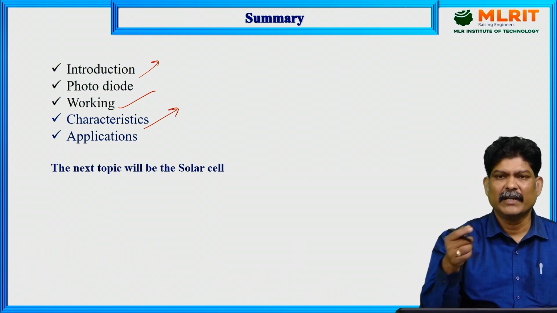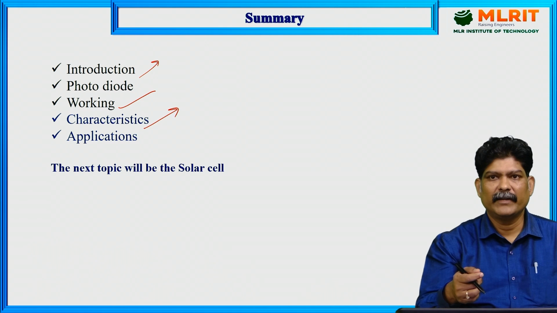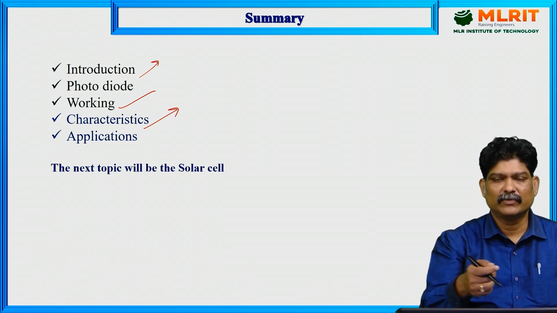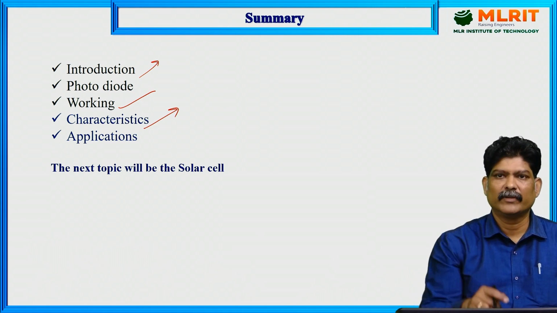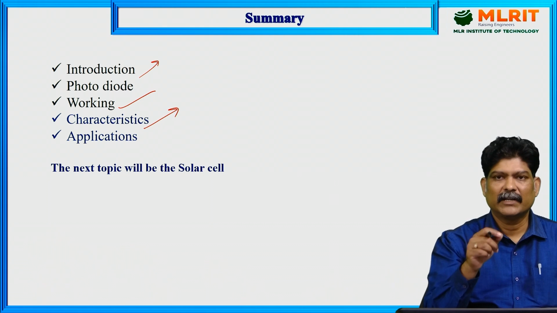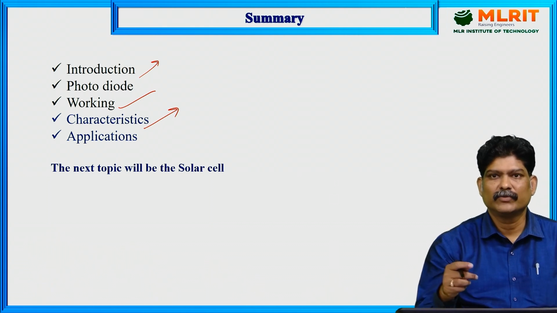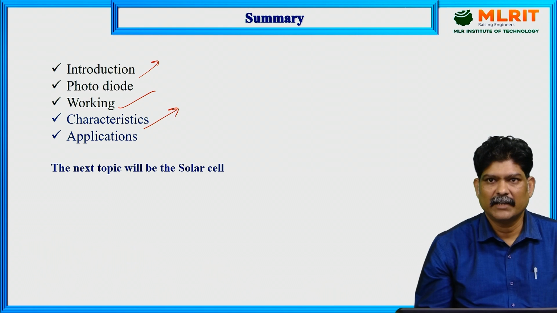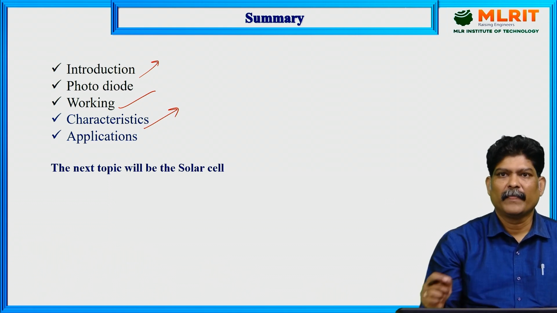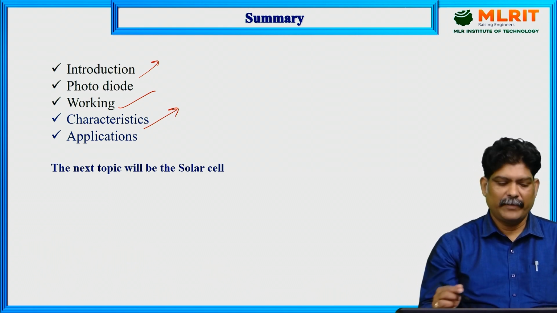Even when we are not applying any input reverse voltage, there is a minute current flowing through the photodiode. That current is called the dark current, and it is due to minority charge carriers, just similar to the reverse saturation current in normal PN junction diodes.